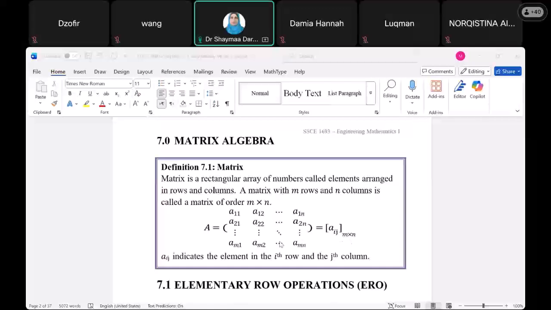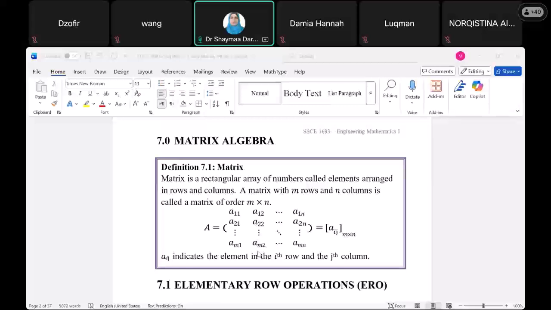When we say a22, this means the element in the second row and second column. a11 is first row, first column. a12 is first row, second column. am2 is the mth row, second column.